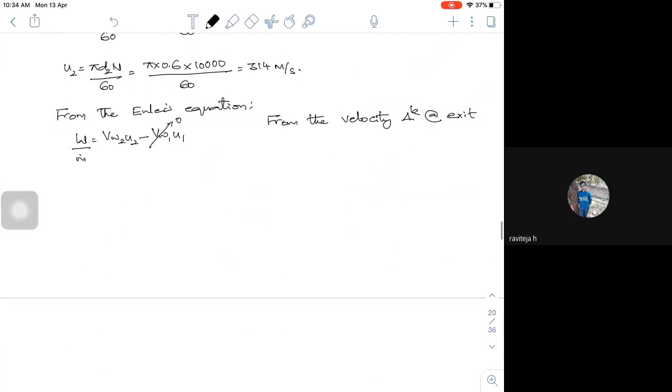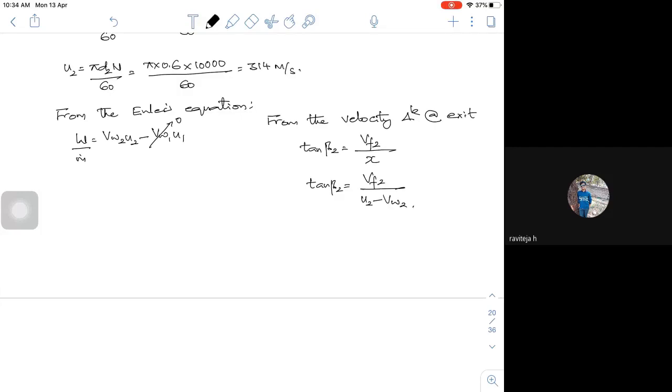So tan beta 2 is equal to VF2 divided by U2 minus VW2.